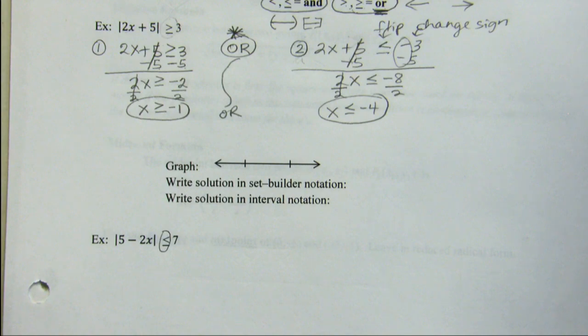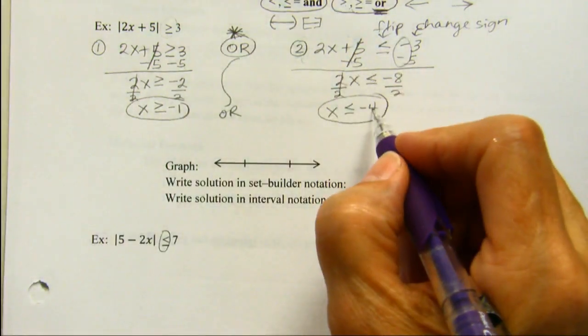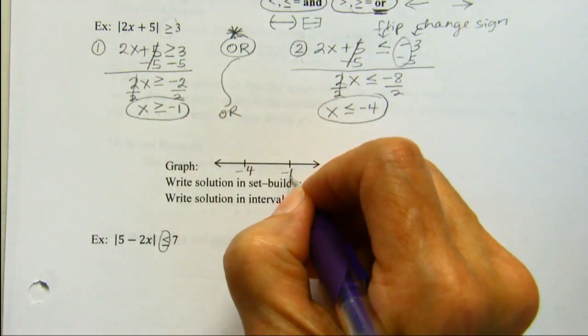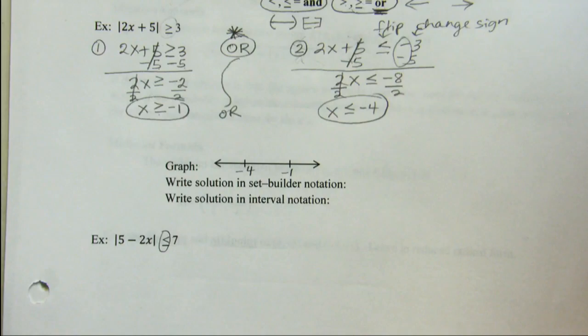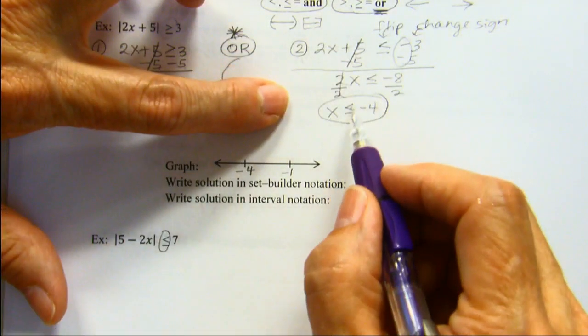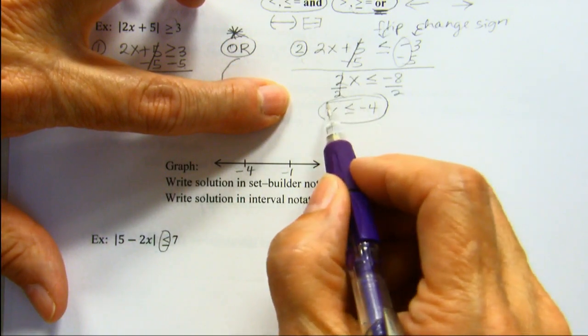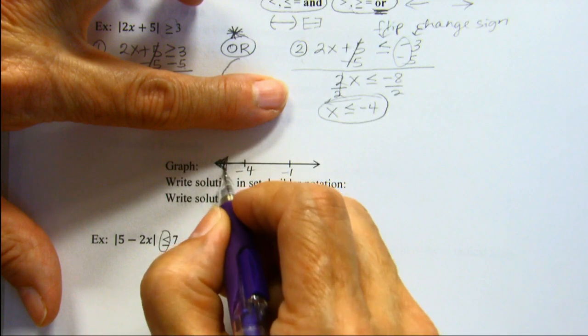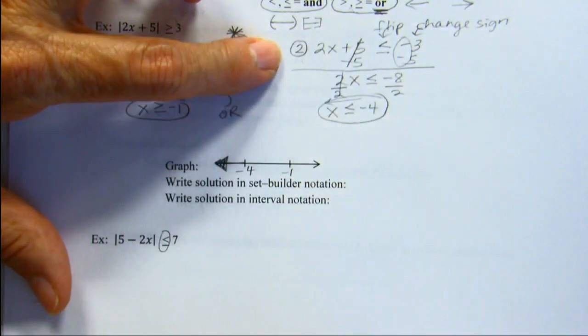Okay, we're going to graph it. Now remember, smaller number on the left. -4 is smaller than -1. So on x is less than or equal to -4, the inequality points to the left. Bracket or parenthesis at -4?